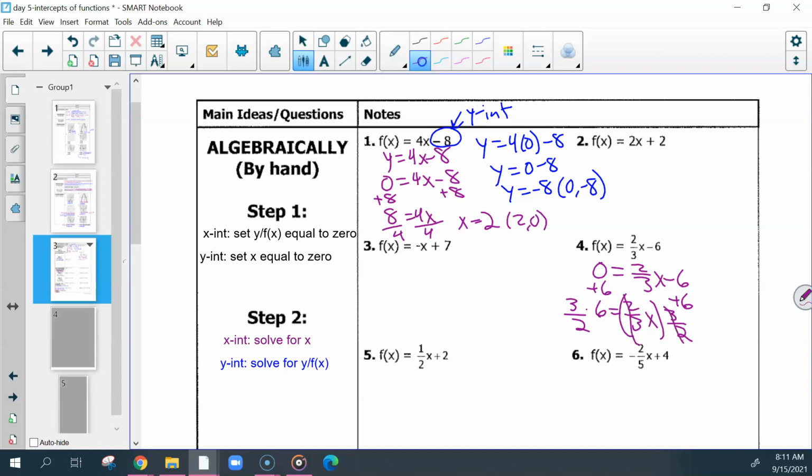So these will cancel, leaving 18 over 2, so 9. This is in that format that's similar, even though this is a fraction. That means I don't need to solve for my y-intercept. It's given to me.